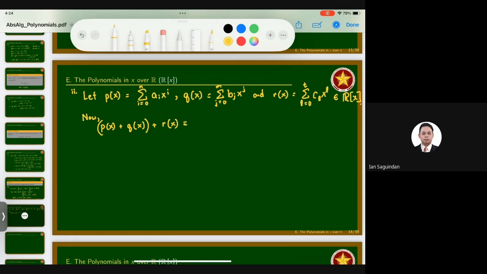So this should be the summation of all a sub i, x to the i running from 0 up to n, plus the summation of all b sub j, x to the j running from 0 up to m, then plus the third polynomial, the summation of all c sub l, x to the l running from 0 up to t.